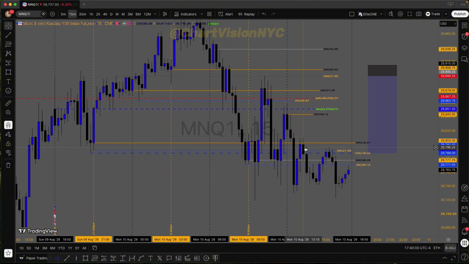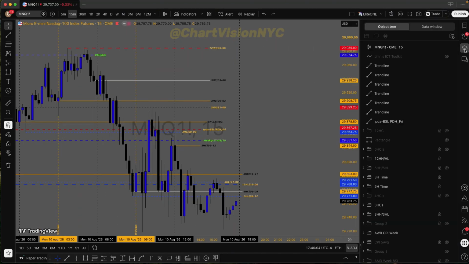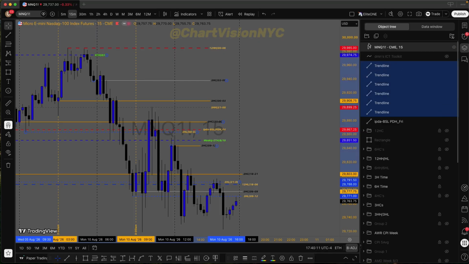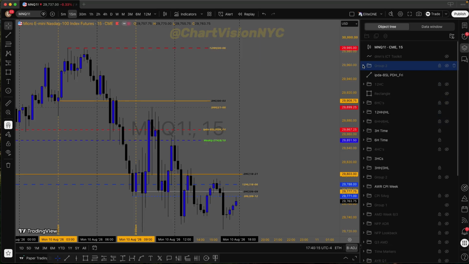And so now you know how to find what? The drawn liquidity. And not only do you know how to find the drawn liquidity, but you also know how to use what? The settlement price, the close of those 3-hour closes, 12-hour closes, 6-hour closes, right?